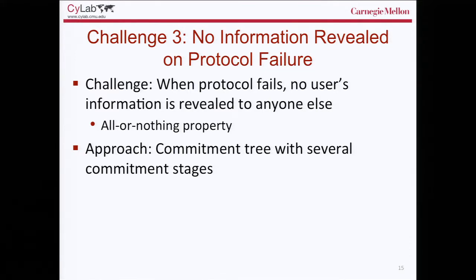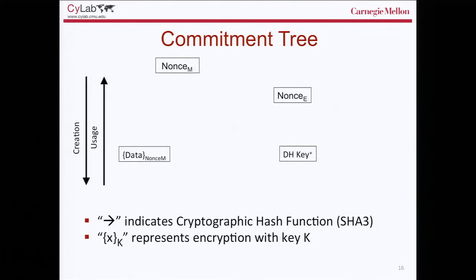So we do that by constructing our commitment tree with 2 nonces, one to determine, yes, I have a correct match, nonce M, and one to show that I had an error, nonce N. I did not find a match. We start with our data encrypted by this nonce M, and then a Diffie-Hellman public key will construct.